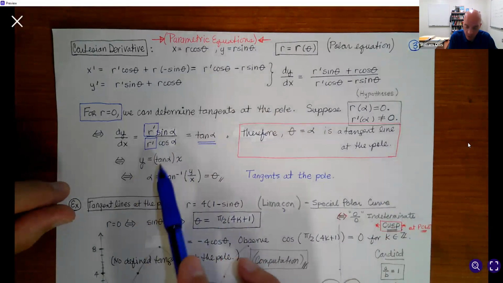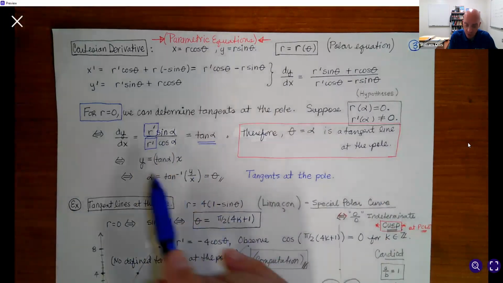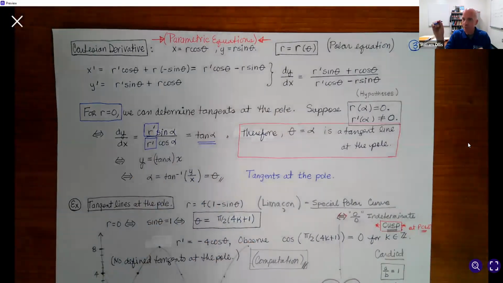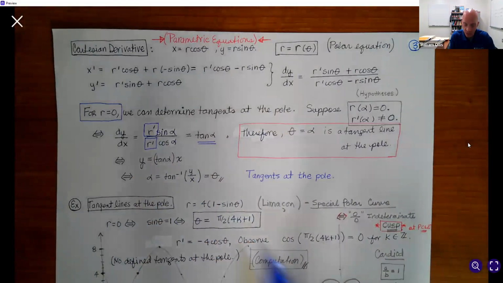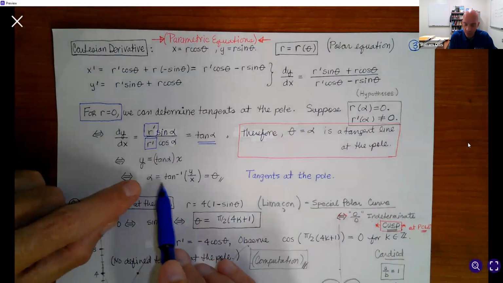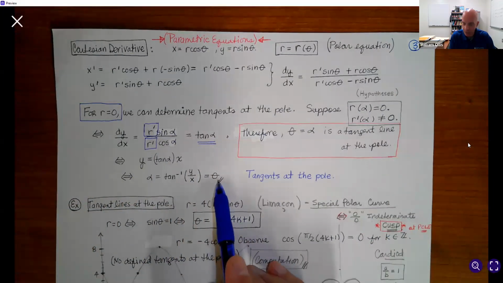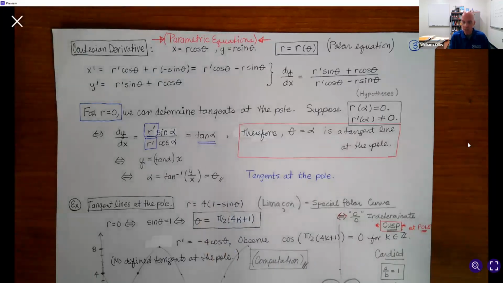Now, of course, we think of the Cartesian equation y equals tangent alpha times x, a line through the origin if we're thinking Cartesian. But of course, if we solve for alpha, that's just the inverse tangent of y over x, which again, we write as an equation. So we just say theta is equal to alpha. So getting tangents at the pole, we have to be a little bit specific.